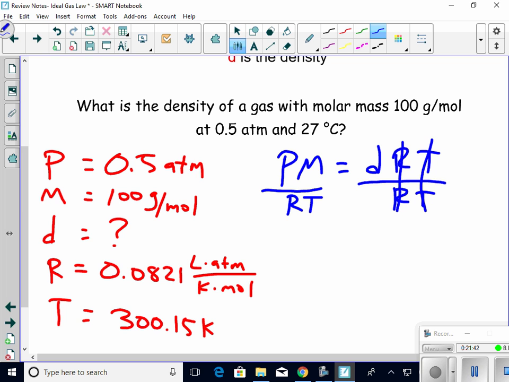So my R's and my T's cancel. So D is equal to PM divided by RT. Now just plug them in. What is P? 0.5 ATM. What is M? 100 grams per mole.